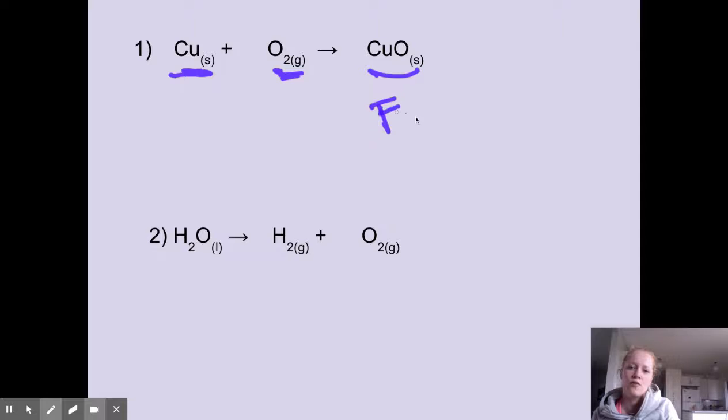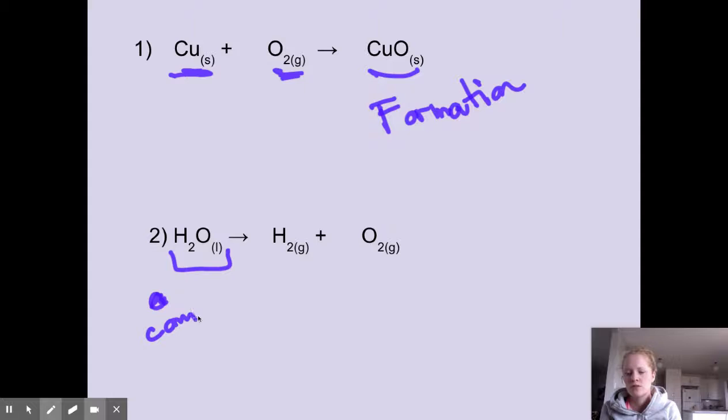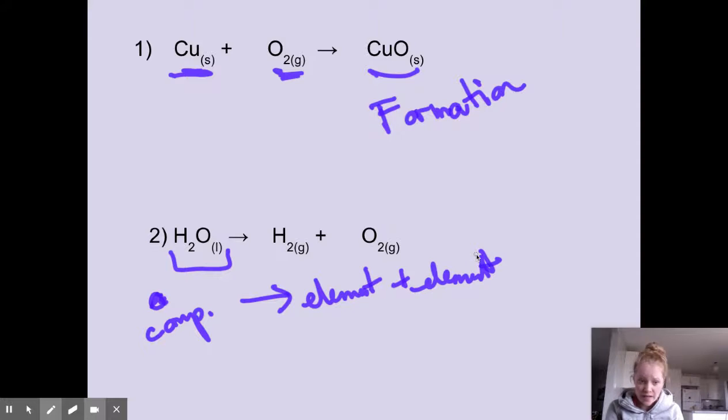So this is a formation reaction. The next one, this guy, it's just one compound on its own. It breaks apart into an element and an element. Because it breaks apart, that is a decomposition.